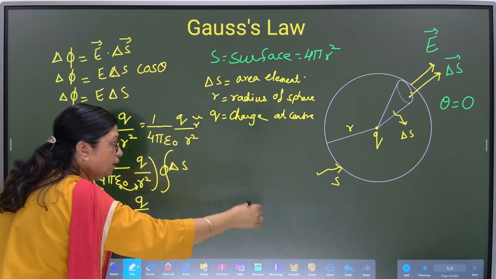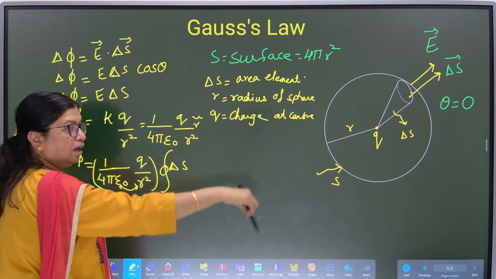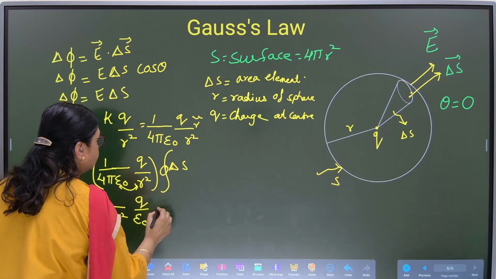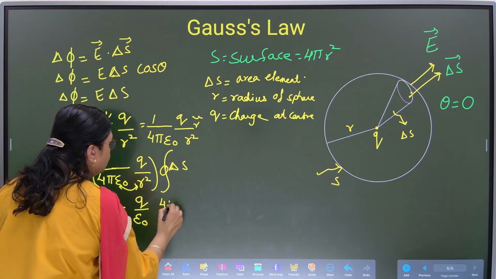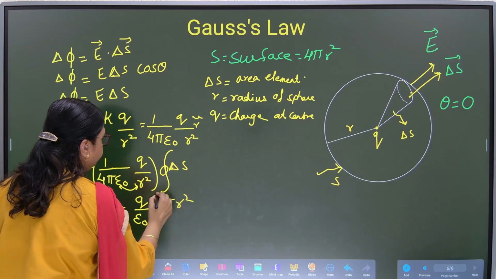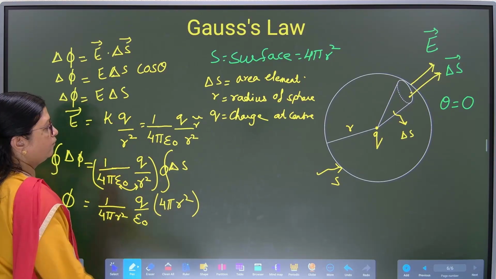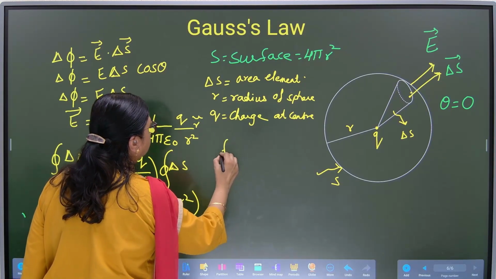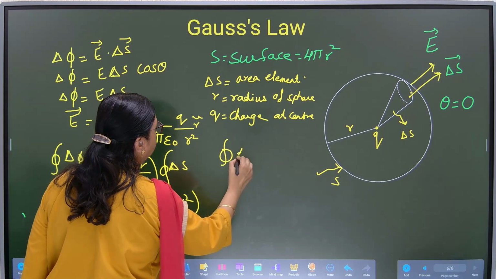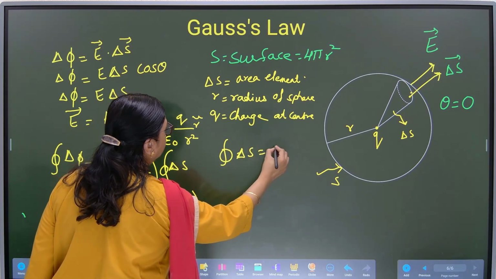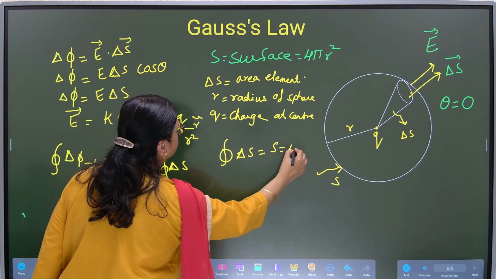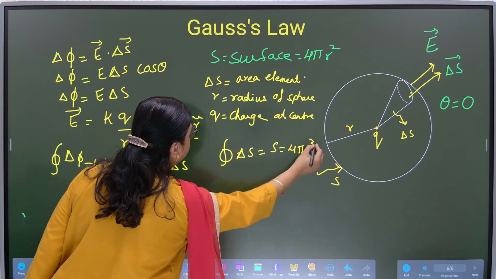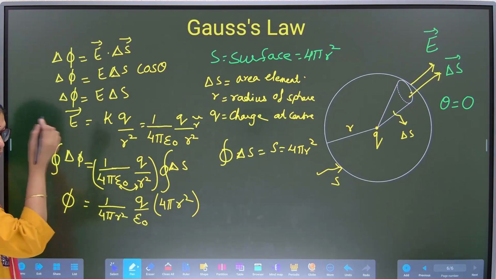It will be the surface area of the sphere. What is the surface area of the sphere? 4 pi r square. Am I right? I have considered the surface area of the sphere as S equal to 4 pi r square, which I have substituted here.